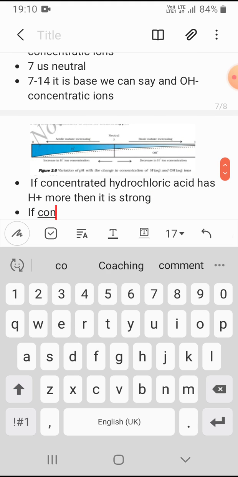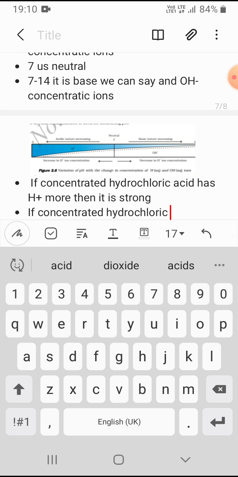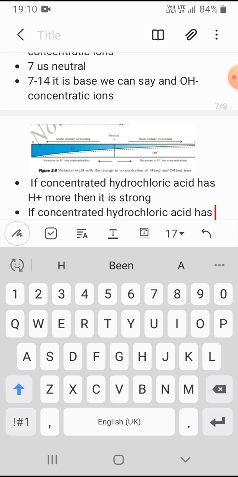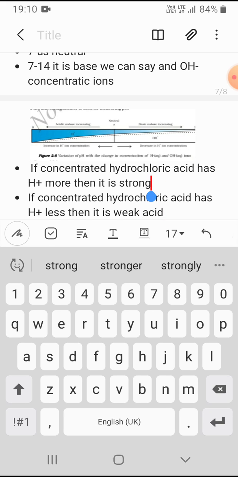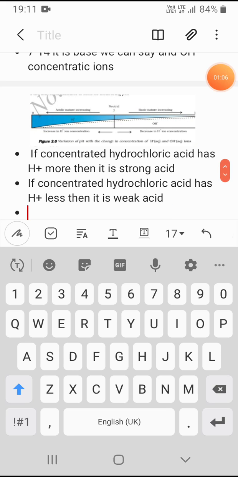If concentrated hydrochloric acid has less H plus, then it is a weak acid. And if it has more H plus ions, then it is a strong acid.